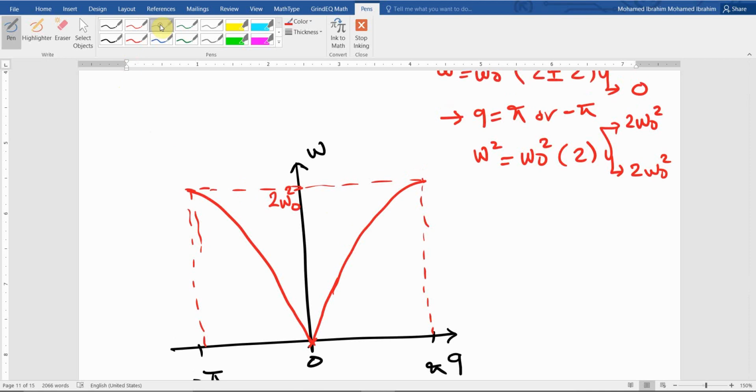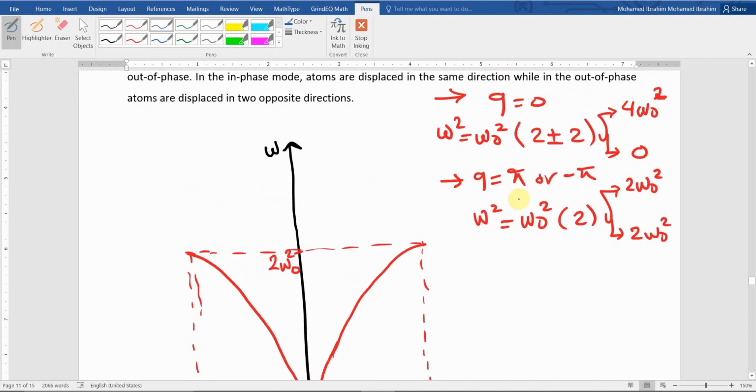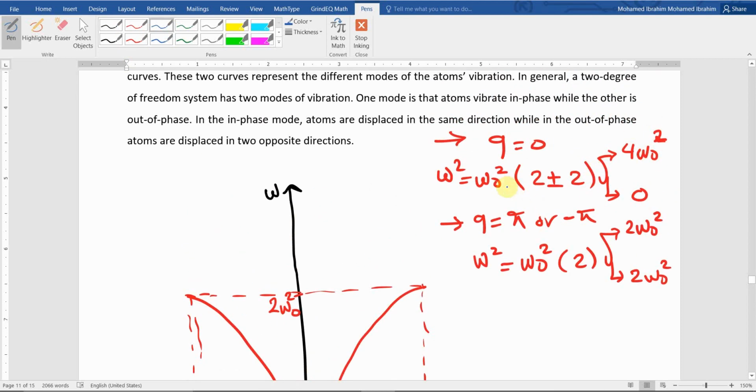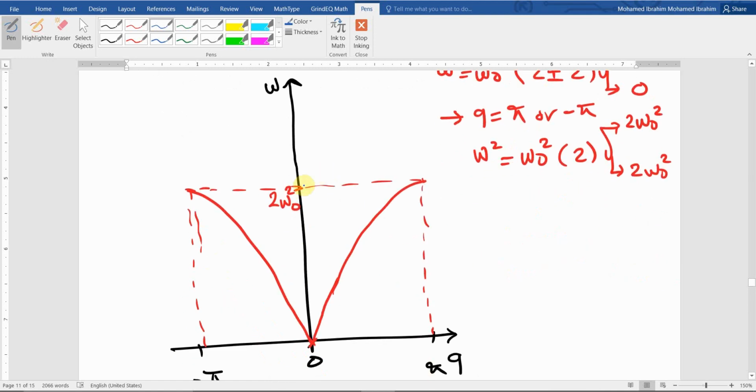I'm going to draw this one with a different color. So let us just give a space here up with omega. For the second mode, when Q equals 0, it was 4 omega 0 square, while the first is 0, so it's going to jump up here like this.